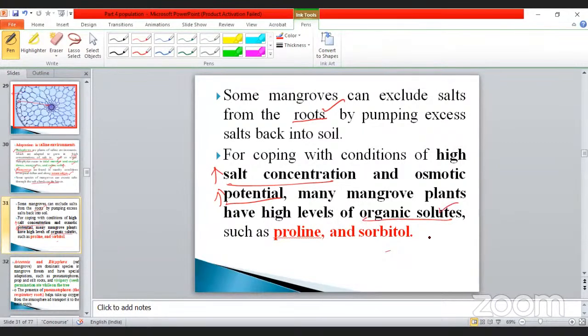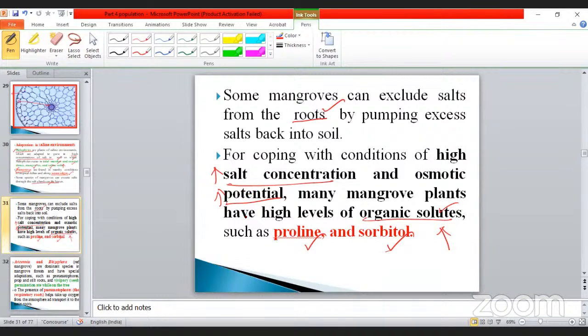Many mangrove plants have high levels of organic solutes, such as one of the amino acids called proline, and sorbitol. Sorbitol is nothing but a carbohydrate. These two components will be high in nature. So first of all, you should note it down: when salt concentration increases, automatically the osmotic potential also increases.